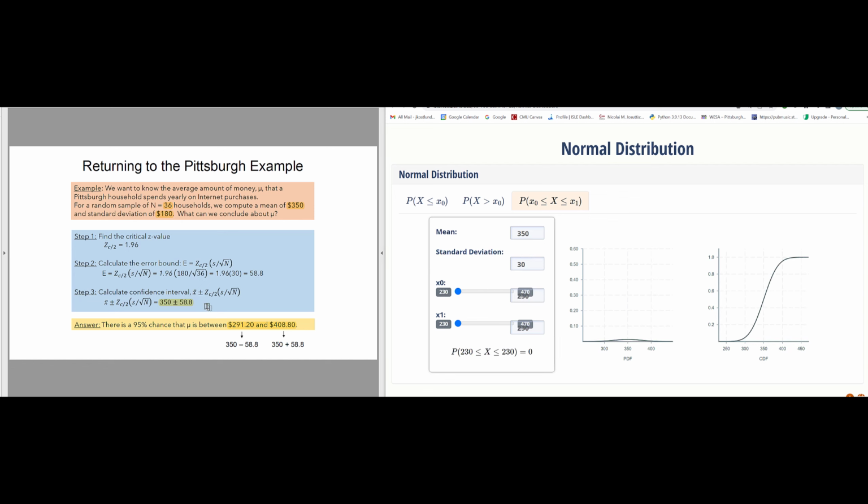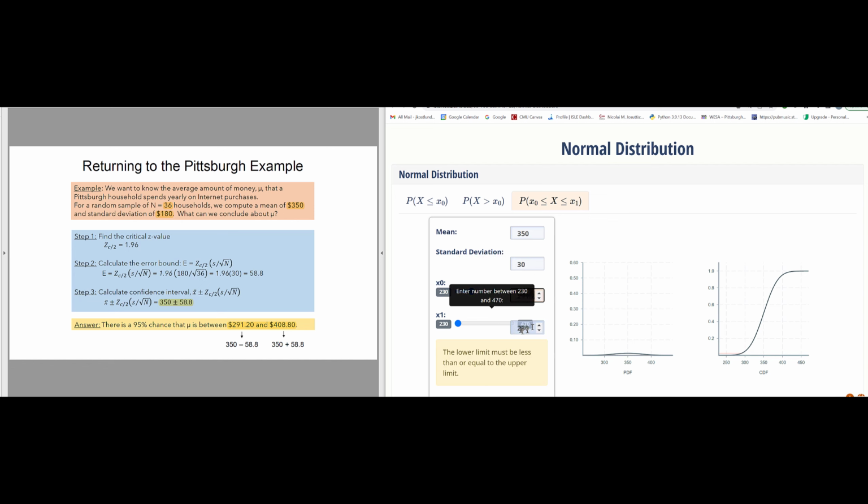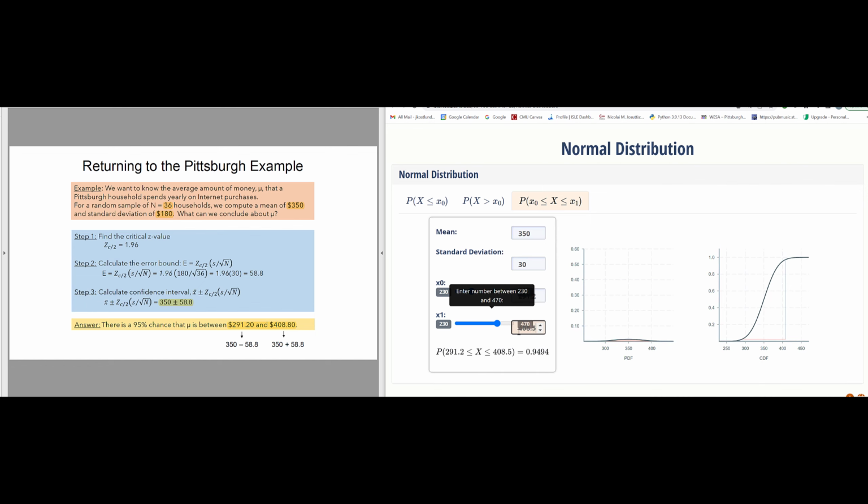And 1.96 times $30 is where we get the 58.8 from. So if I go 58.8 below the 350, that's where we get the 291.2. And 58.8 above 350 is going to be 408.8.